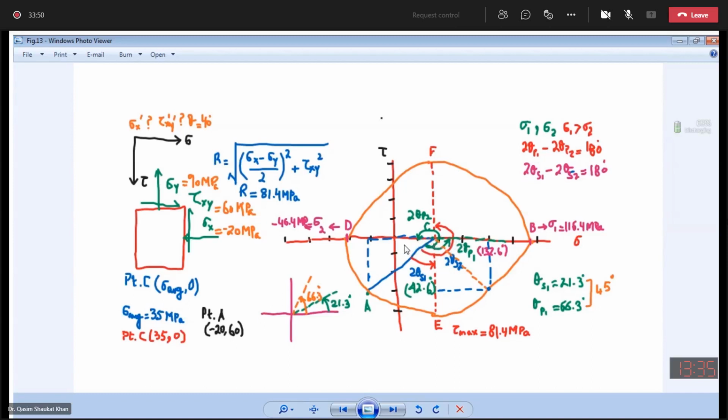Can you calculate this theta using trigonometry? Please calculate the value of theta.